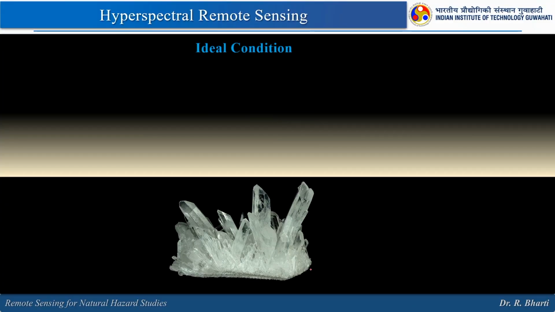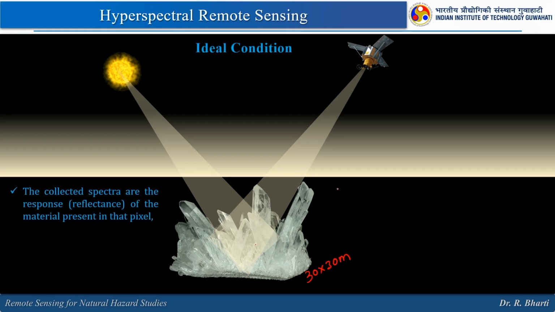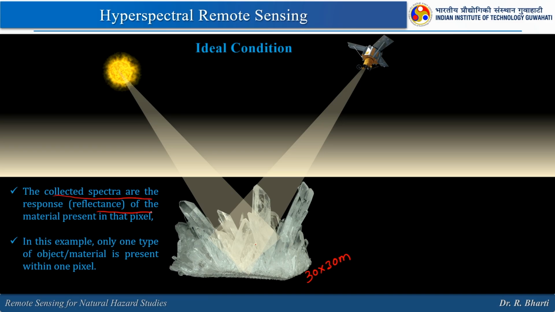When we talk about the ideal condition, let us assume that we have one particular target which is available in, let us say 30 by 30 meter or 1 kilometer by 1 kilometer. Now, we are having this source which is illuminating this, and it is getting reflected or emitted, emission will be measured here. So, the collected spectra are the response of the material present in that pixel.